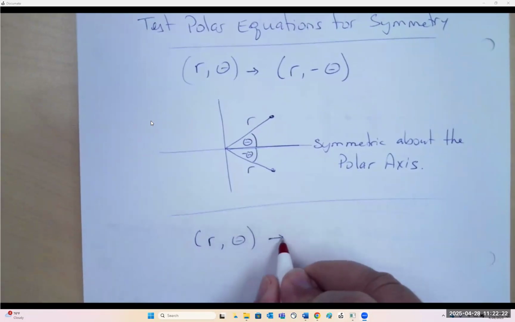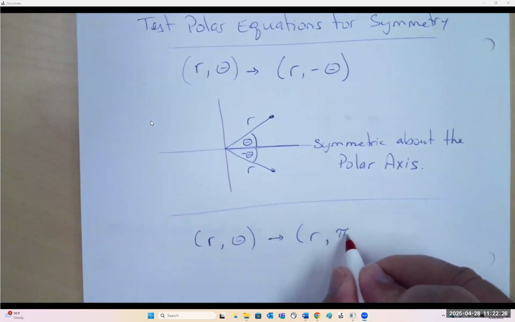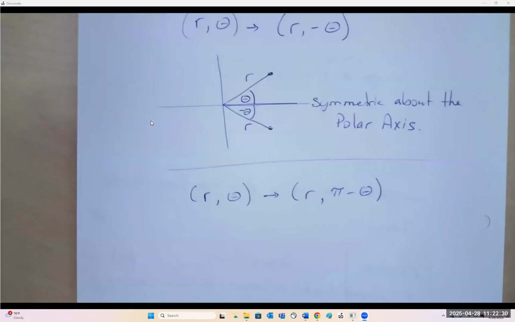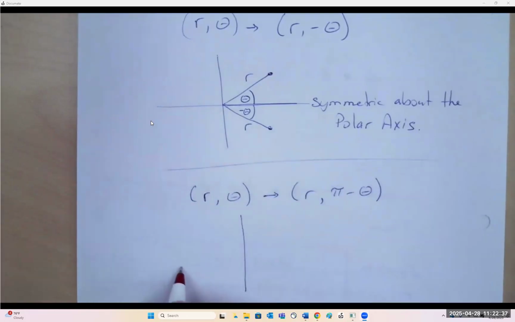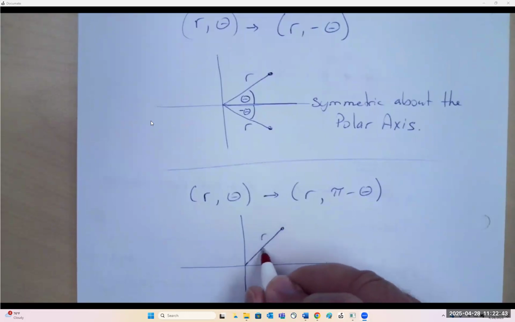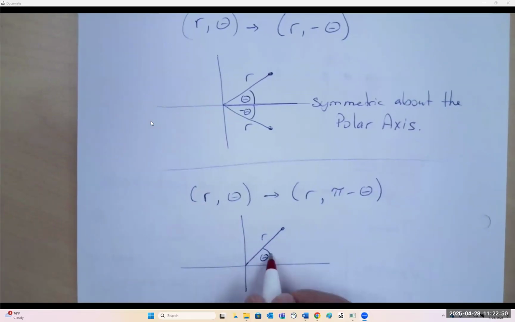Another form of symmetry we'll look at is if we do a shift in angles. So there's r, that's my theta. Since this is theta, it's off the x-axis or the polar axis.